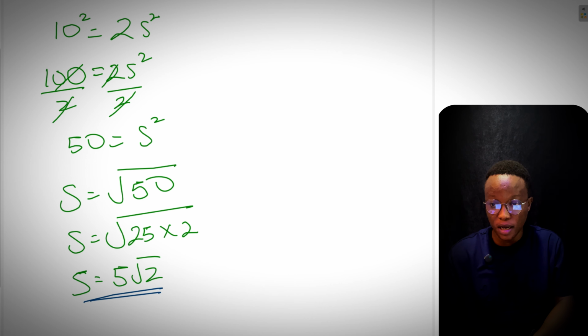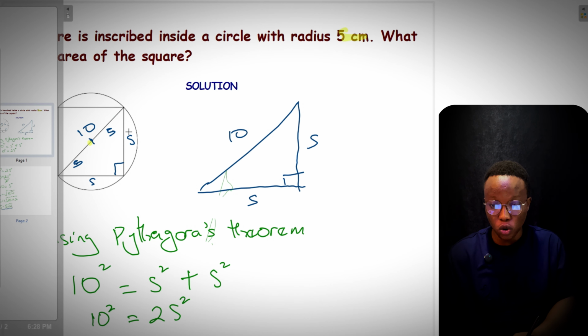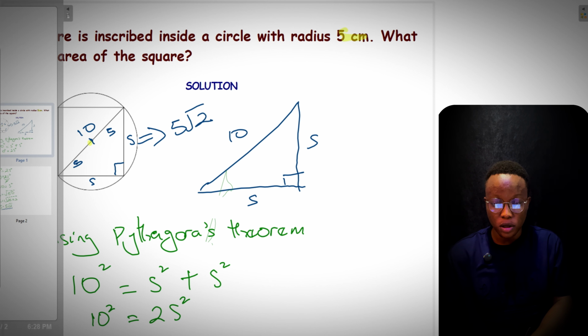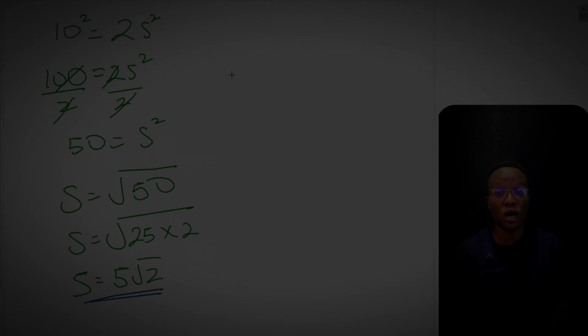Let's check that again. So now we have gotten S is equal to 5 root 2. Now that we've got the side of the square, we can calculate the area of the square.